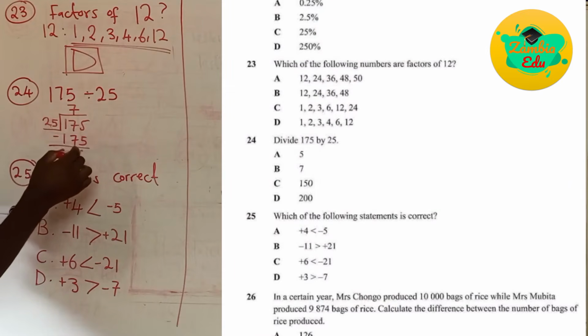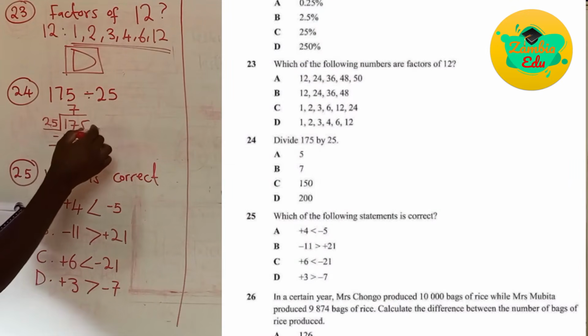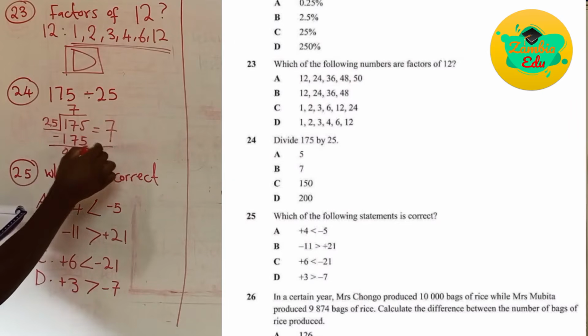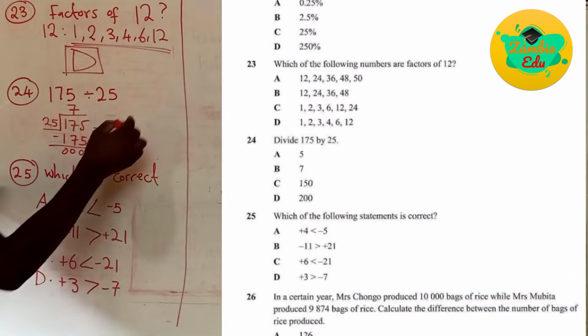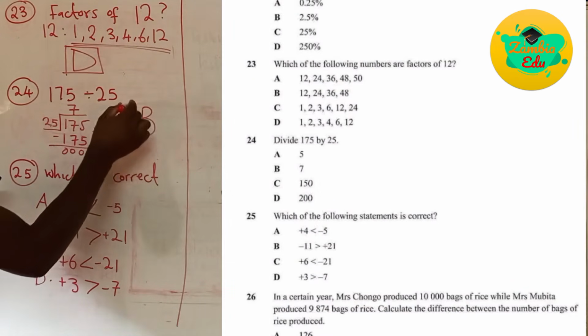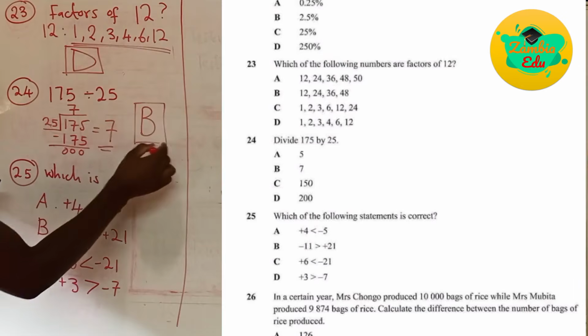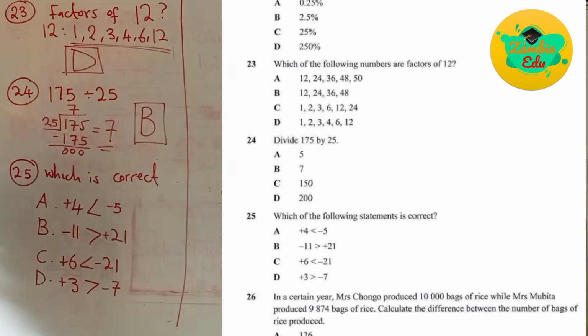So we subtract and get zeros there, giving us the answer 7. 7 was represented on option B. So our answer for 24 was B.